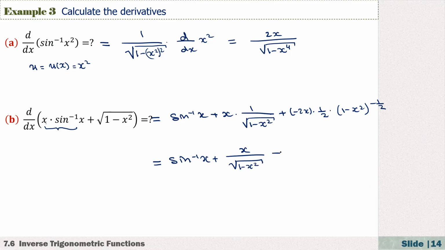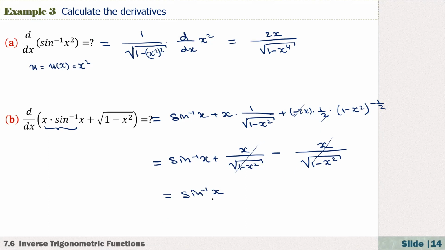And here we have minus, this 2 and the other 2 cancel each other. And this 1 minus x squared to the power of minus 1 over 2 is in the denominator, square root of 1 minus x squared, with x in the numerator. These two terms are exactly the same, so what we have here is sine inverse of x.